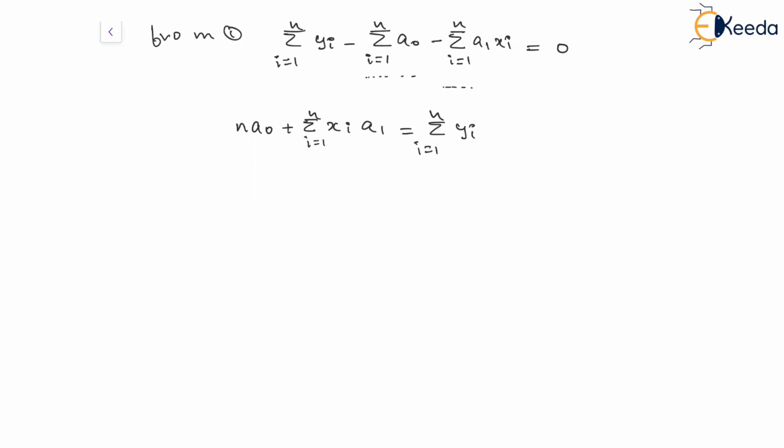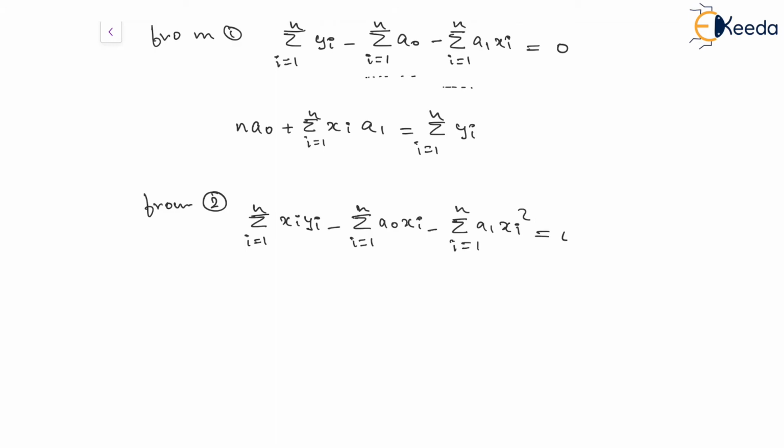Now similarly from equation 2 we'll get summation of xi yi from i equal to 1 to n minus summation of a0 xi from i equal to 1 to n minus summation of a1 xi square from i equal to 1 to n equal to 0.